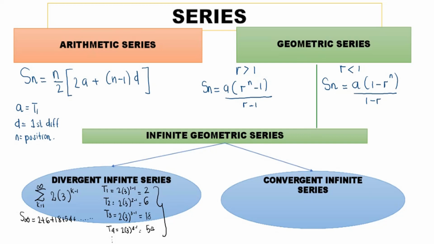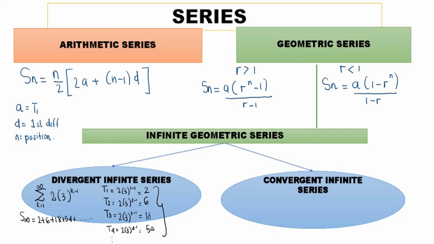What about a convergent infinite series? What is a convergent infinite series? An infinite geometric series is convergent when you find that the common ratio that you obtain is between -1 and 1.